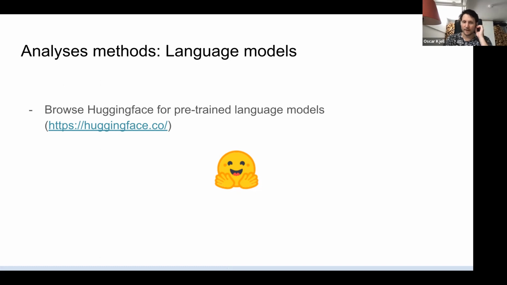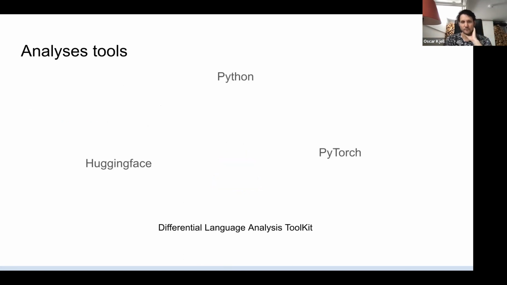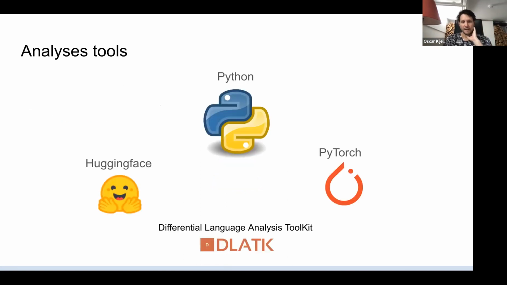You can download them and use them in your research, and they can be fine-tuned to quantify specific text better than other texts. So they can be fine-tuned to understand clinical text, for example, better. And everything is basically happening in Python, PyTorch. There are a lot of different packages there.